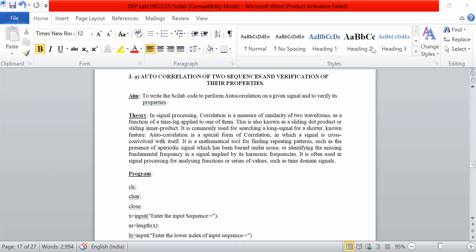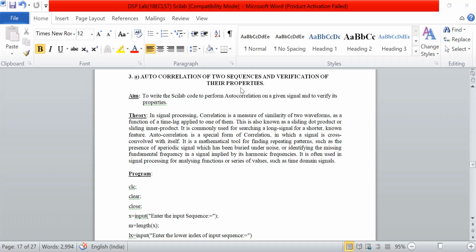We take one signal, shift or fold the same signal, and do the cross convolution of that. Then we compare the original signal with the folded or cross convolved signal, and from that we get how much relation there is between the two signals. This is regarding the theory of autocorrelation.